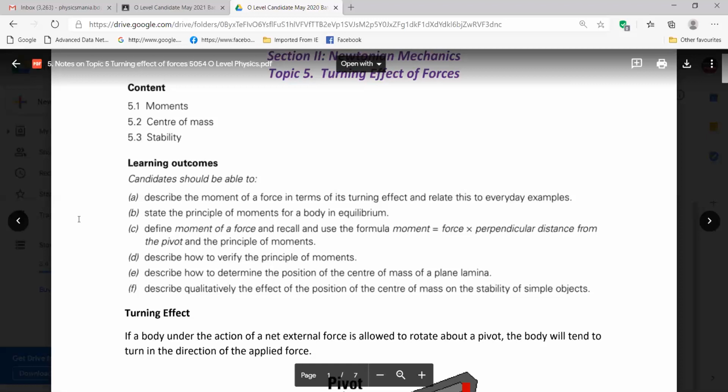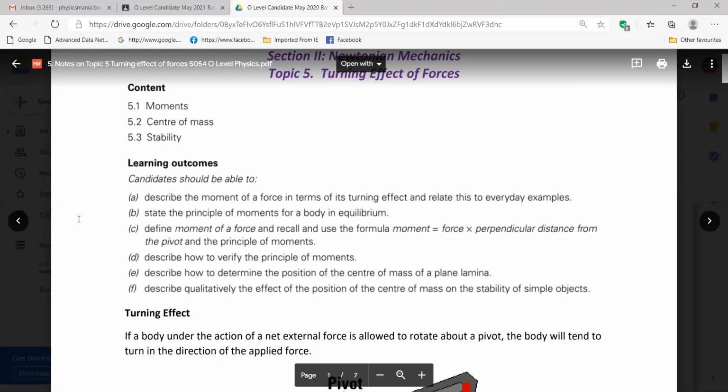And from the formula, we can calculate moment. Moment equals force, the force we are applying, multiplied by perpendicular distance from the pivot.